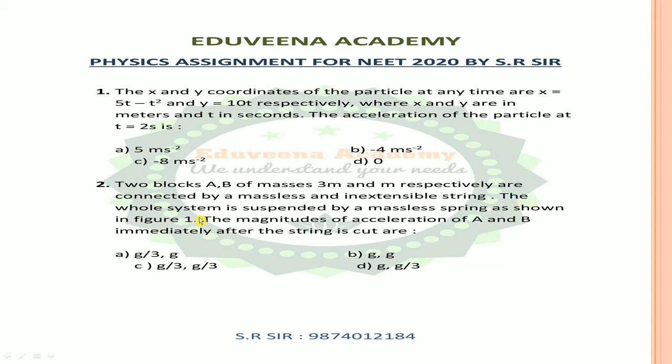The whole system is suspended by a massless spring as shown in the figure. I'll show the figure. The magnitudes of acceleration of A and B immediately after the string is cut are: four options are given: g by 3 and g, g and g, g by 3 and g by 3, and g by 3 and g.